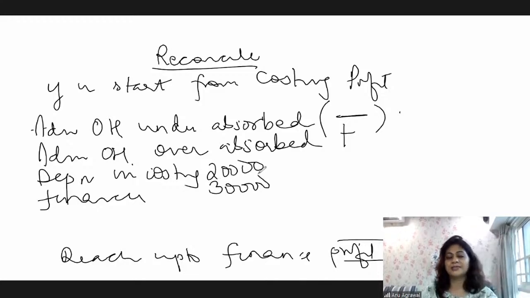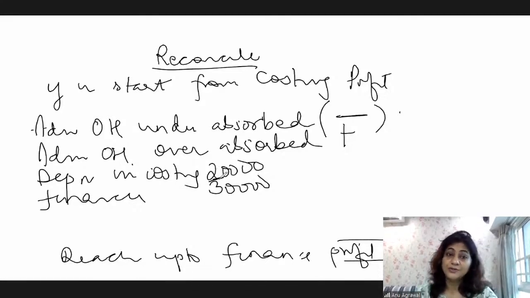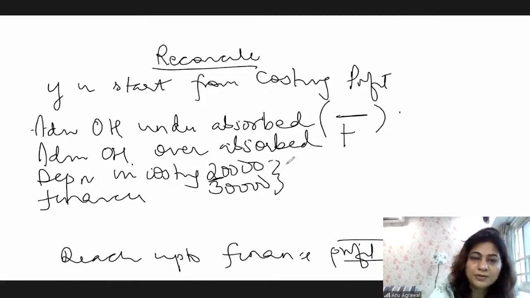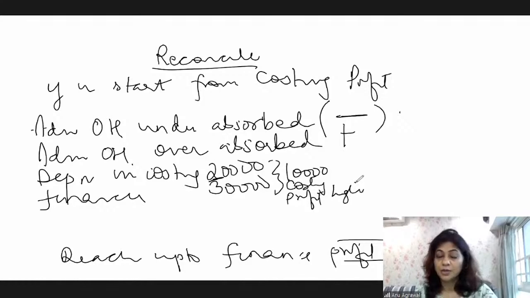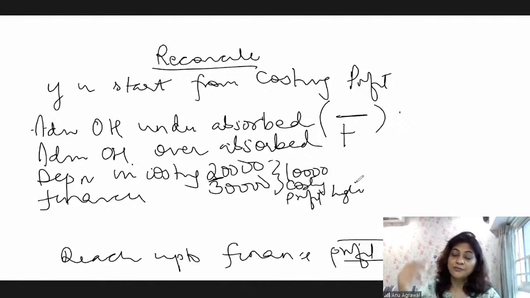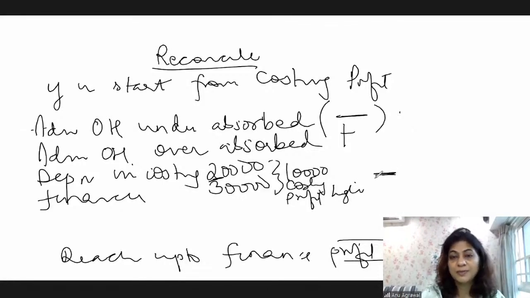Now you yourself can see that in costing you have charged a lesser debt, and in finance you have charged a higher debt. So obviously, because of this difference of 10,000, profits in costing will be higher. Yes, sir. Costing profits will be higher. So if costing profit has to go up to finance profit, what do they need to do? They need to subtract this 10,000 rupees. Am I clear?